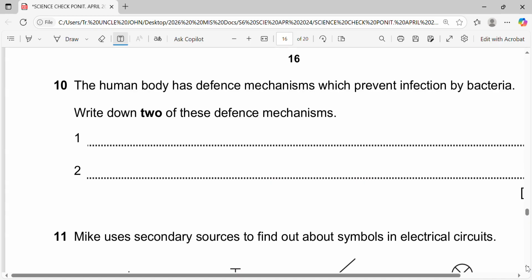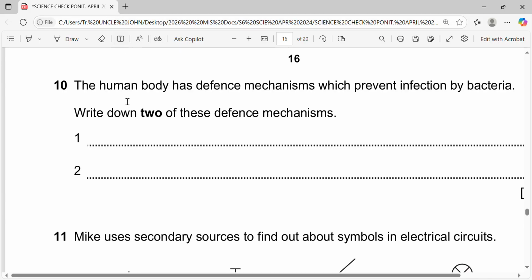Here comes question 10. The human body has defense mechanisms which prevent infection by bacteria. Write down 2 of these defense mechanisms. Skin, mucus, stomach acid. We have that.